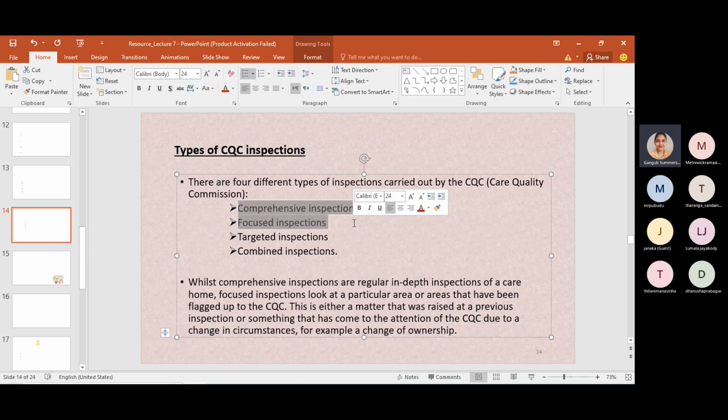In comprehensive inspections, you inspect things in detail, in depth. Focused inspections are not in depth. In focused inspections, you inspect only a particular area or particular areas that have been flagged up to the CQC.